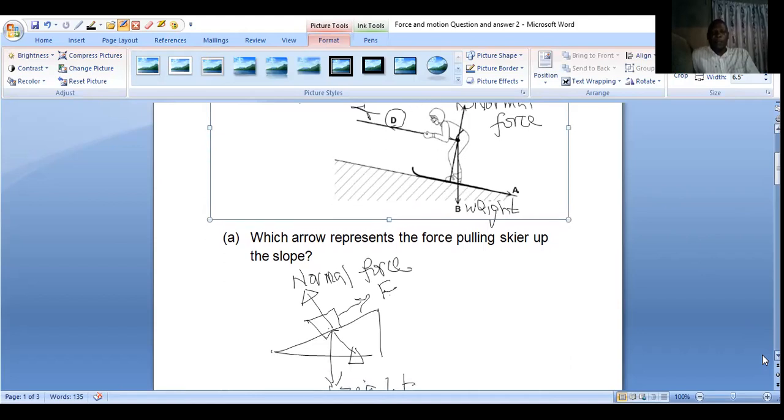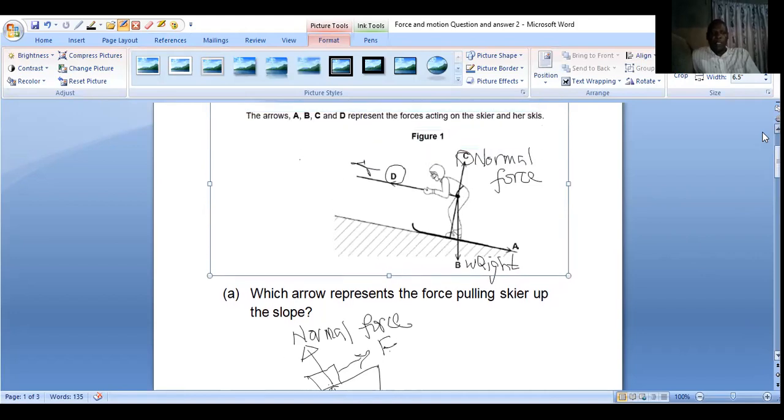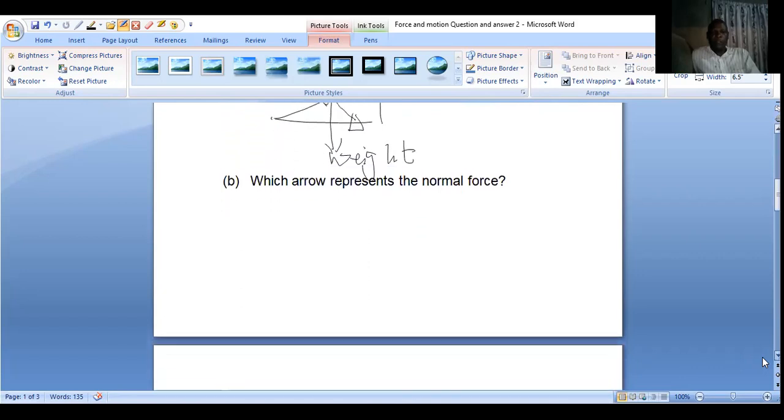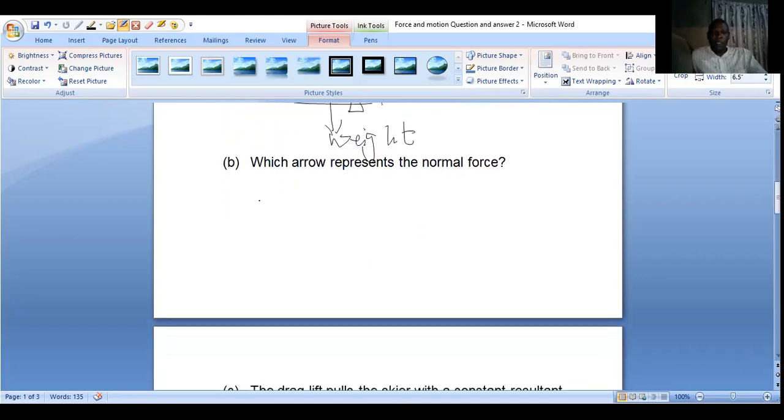Okay. And as we indicated, D is the force which is pulling the object going up the slope. And the second question, which force represents the normal force?